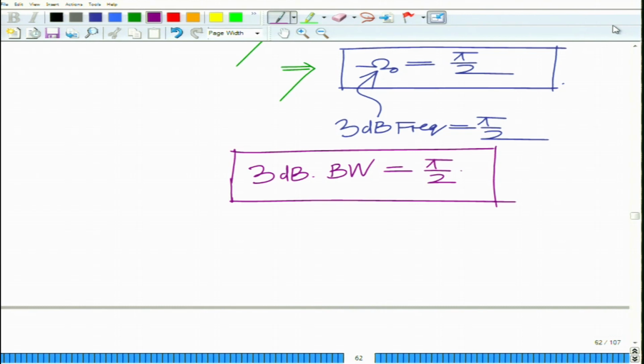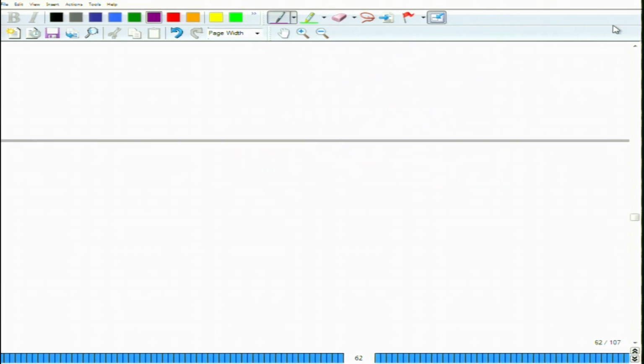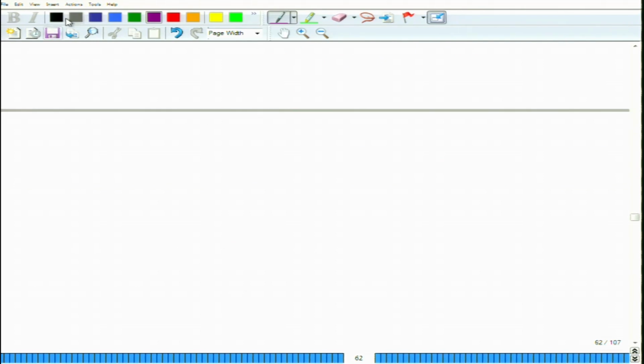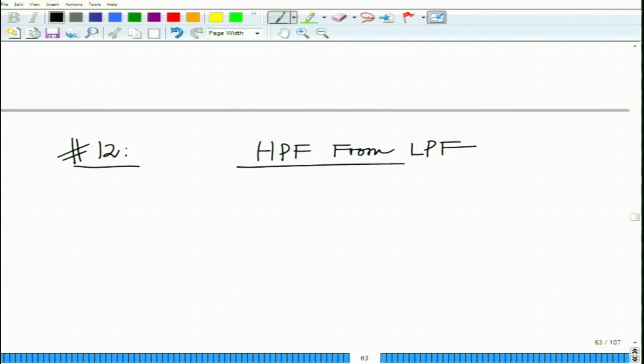Let us now move on to the next problem, which is also very interesting. Let us look at how to derive a high pass filter from a low pass filter. Okay, so, this is my problem number 12, and we will see an interesting technique to derive a discrete time high pass filter given a low pass filter.